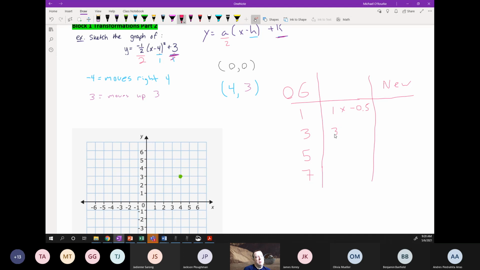This would be 3 times -0.5, this is 5 times -0.5, and this is 7 times -0.5, which would equal negative 0.5, negative 1.5, negative 2.5, and negative 3.5.